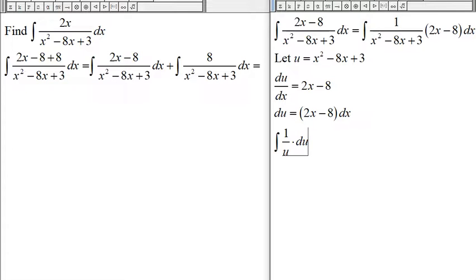And recall the integral of 1 over u is just ln of the absolute value of u. So this becomes the natural log, where u is x squared minus 8x plus 3. And so the first integral is this.